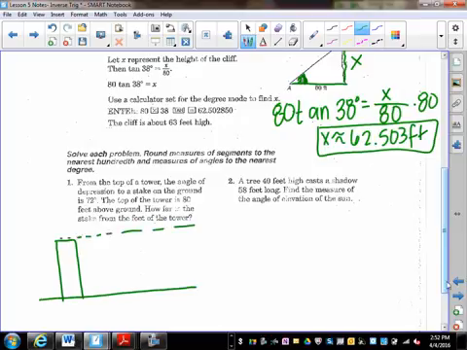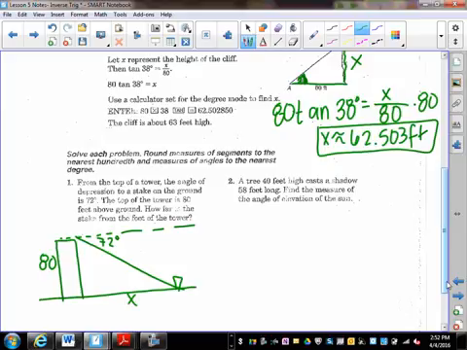So the angle of depression, here's my stake on the ground, this guy is 72 degrees. So angle of depression is looking from the tower down to that stake. The top of the tower is 80 feet above ground, so I know this height is 80. And how far is the stake from the foot of the tower? So I'm trying to find x.